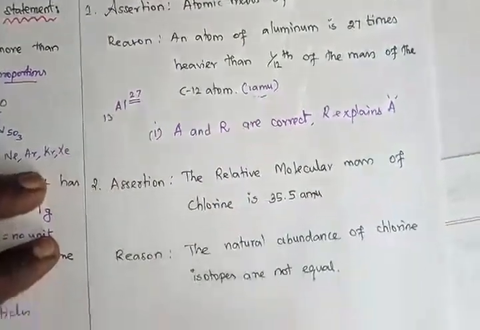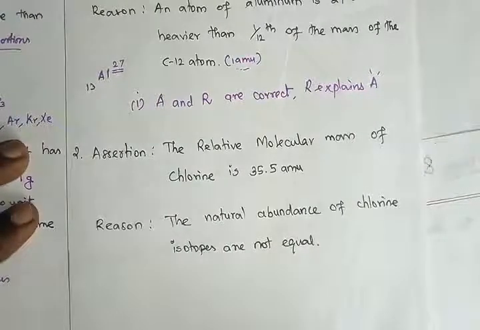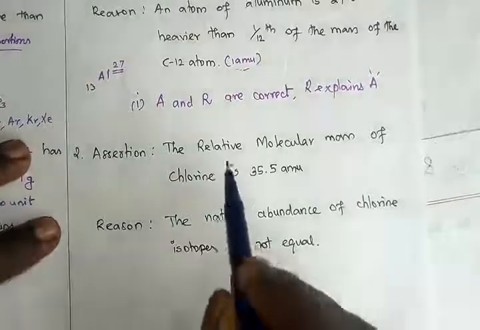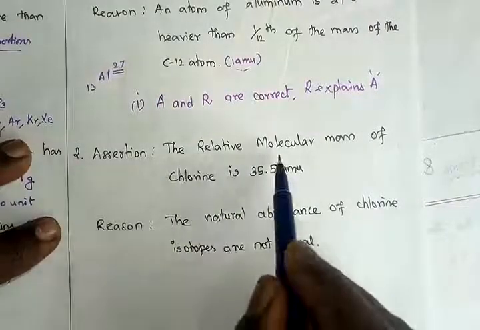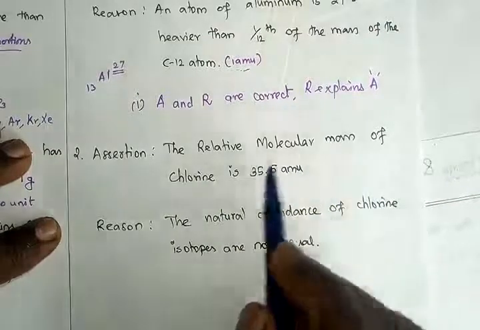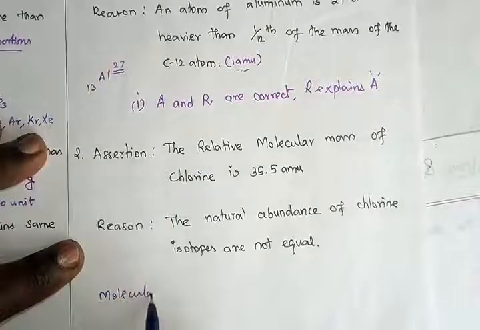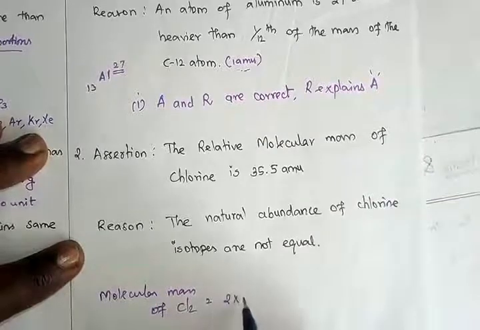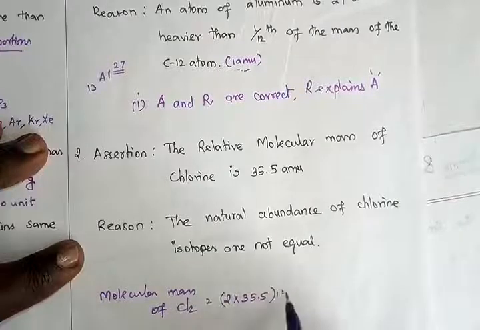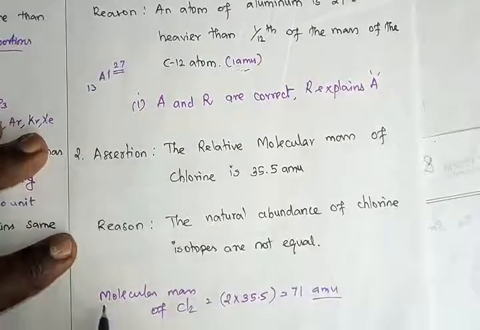The next one, assertion number 2. The relative molecular mass of chlorine is 71 AMU. I just want to check whether the statement is true or not. What is called molecular mass? Molecular mass of chlorine is equal to 2 into 35.5, its atomic mass, which is equal to 71 AMU. So it is nothing but molecular mass alone.